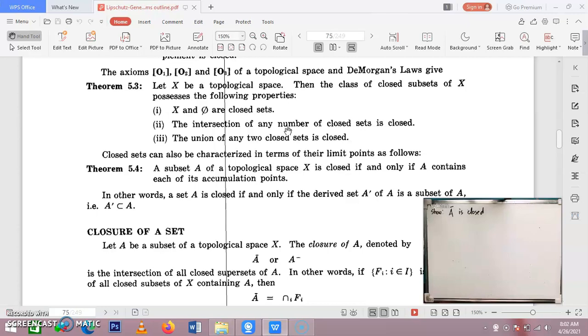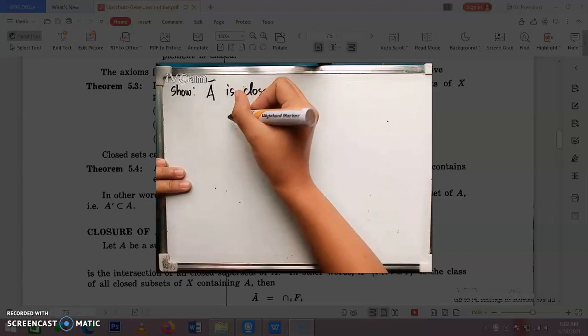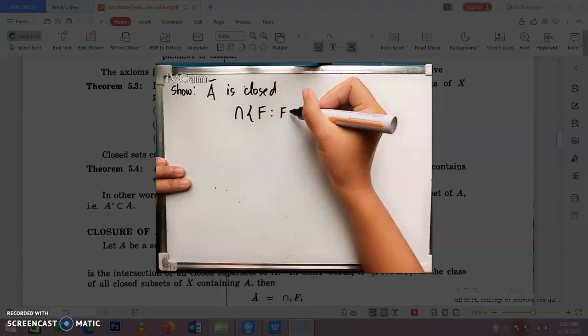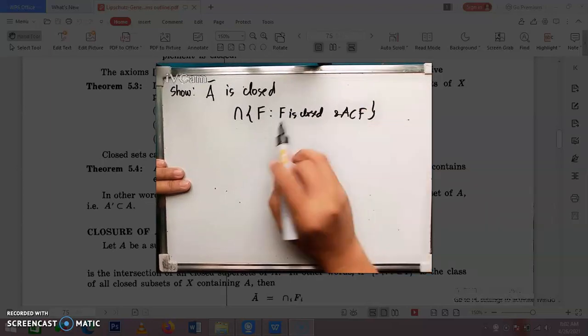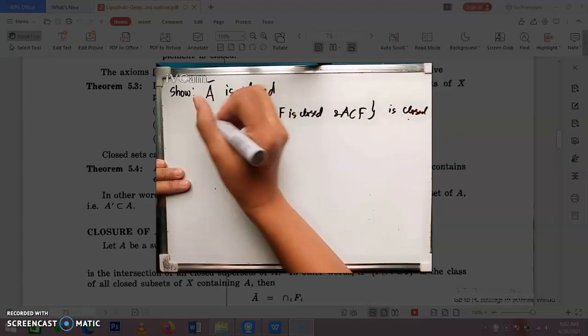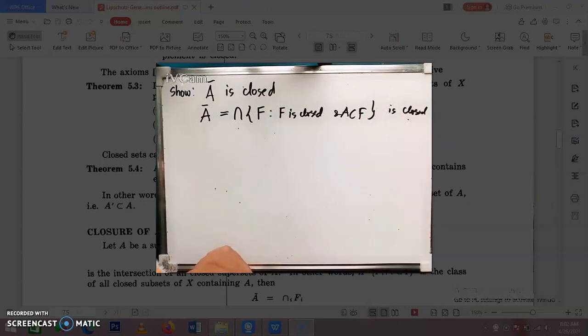In this case, because the intersection of any closed sets by Theorem 5.3 is closed, and since this is equal to A closure, we're done showing that A closure is closed.